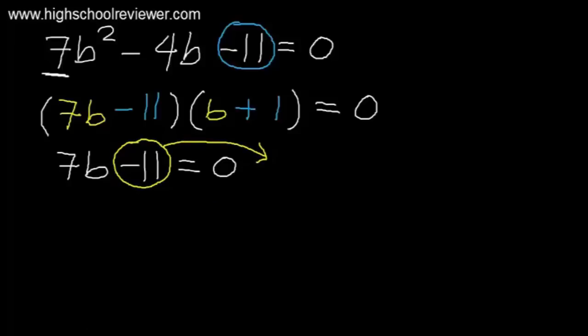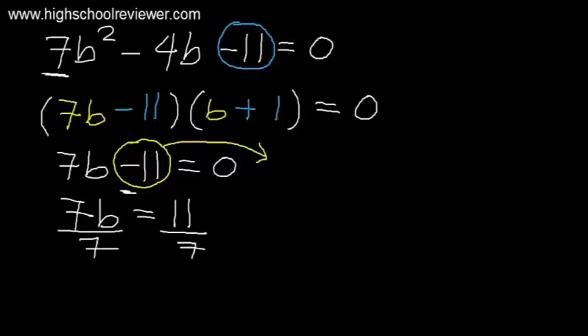So what will be left on the left side will be 7b. And if we transpose negative 11, it will change its sign. It will become positive 11. So from negative, it changes to positive. And to find b, we need to cancel out 7. So divide both sides of the equation by 7.